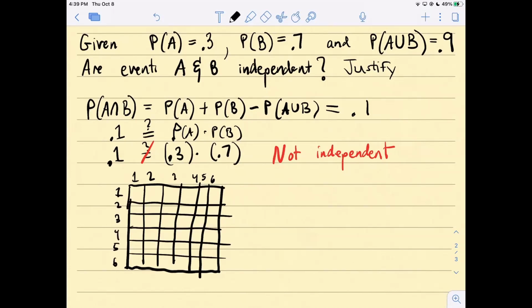What's the probability of the first one being even and the second one being greater than or equal to 4?